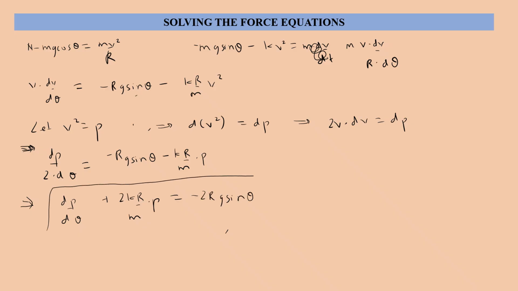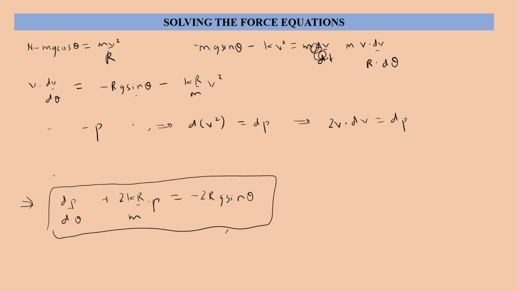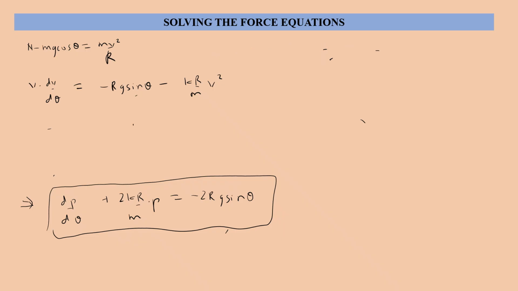This equation that we have arrived at here is a first order linear ordinary differential equation. It is a standard differential equation which has a standard solution arrived at using the integrating factor method. I'll write down its standard form and the solution corresponding to it without going into details of how that solution is derived. And then we'll use that solution in our particular problem.